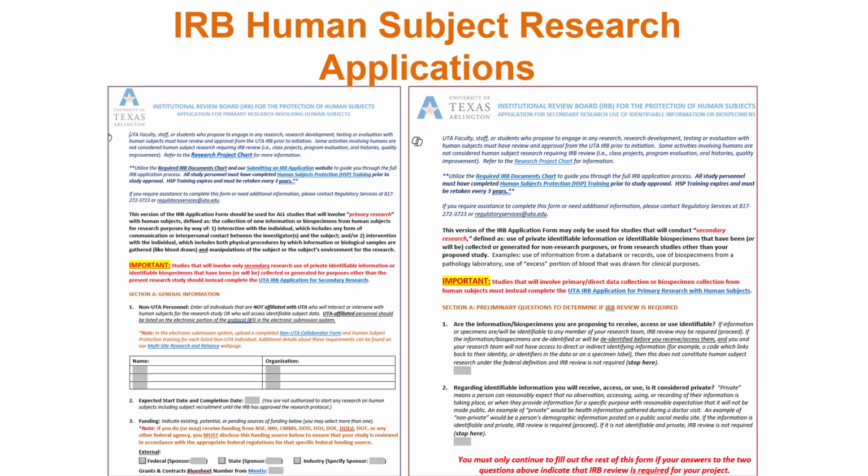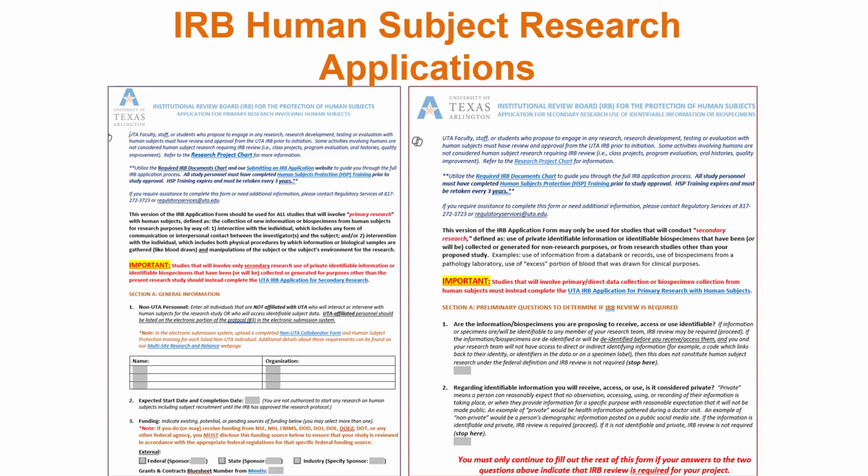The first application shown on the left is our primary research application, and this application should be used for any research study with humans that will involve either interaction with subjects or a form of intervention. The application on the right is our secondary research application, and this application should be used for any research study that will use private or identifiable data that have been collected or will be collected for non-research purposes.